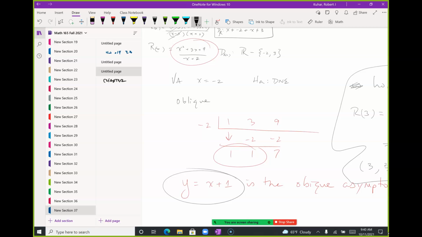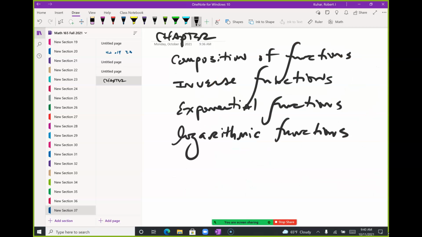Okay, here we go. So chapter 5: composition of functions, inverse functions, exponential functions, logarithmic functions. I don't think this material should confuse you for this test coming up. I'm hoping to at least do 5.1 and start 5.2 before Friday. I might even finish 5.2.